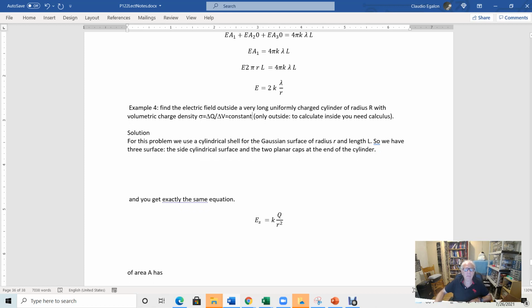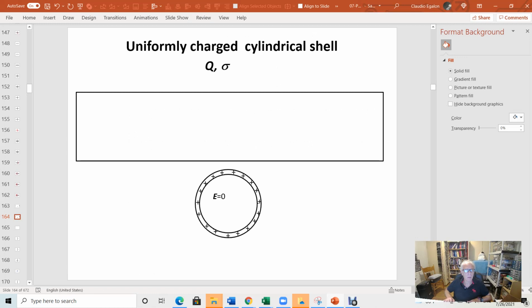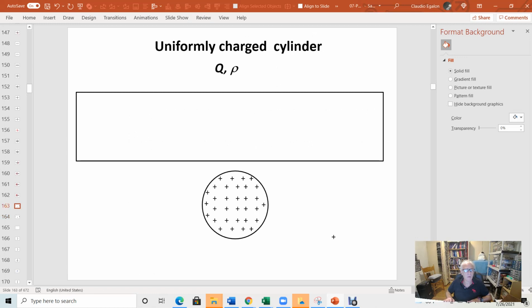Just like we did before, you need a cylindrical shell for the Gaussian surface, a Gaussian surface of radius r and length L. As before, we have 3 different surfaces: the cylindrical surface and the 2 planar caps at the end of the cylinder. Let's go right in here, just outside.